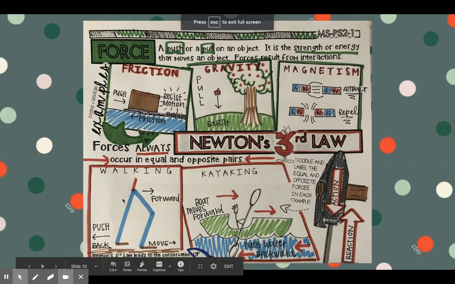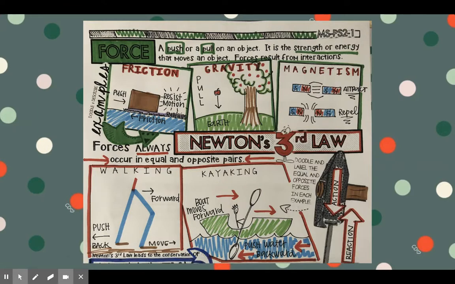All right, so some examples we have here. An everyday example would just be walking. You're moving forward and your feet are pushing back. So for every action, there is an equal and opposite reaction: moving forward, but those feet are pushing back. Kayaking. This is just an example you can use for class. When you push the water backwards, that's the action.